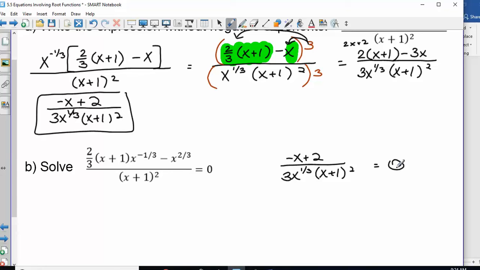But what's 0 times anything? 0. So it's really just what makes the top 0. And we get x equals 2. That's our solution. Nice pretty answer for an ugly problem.